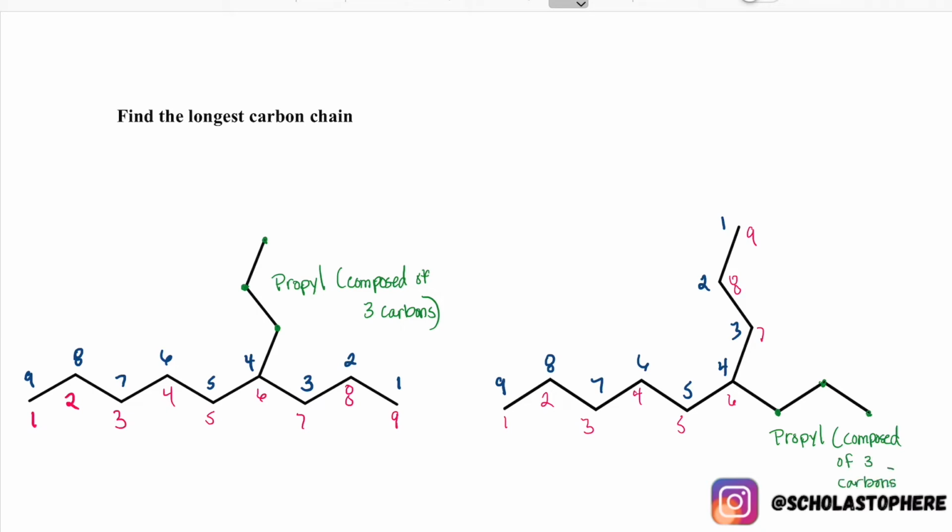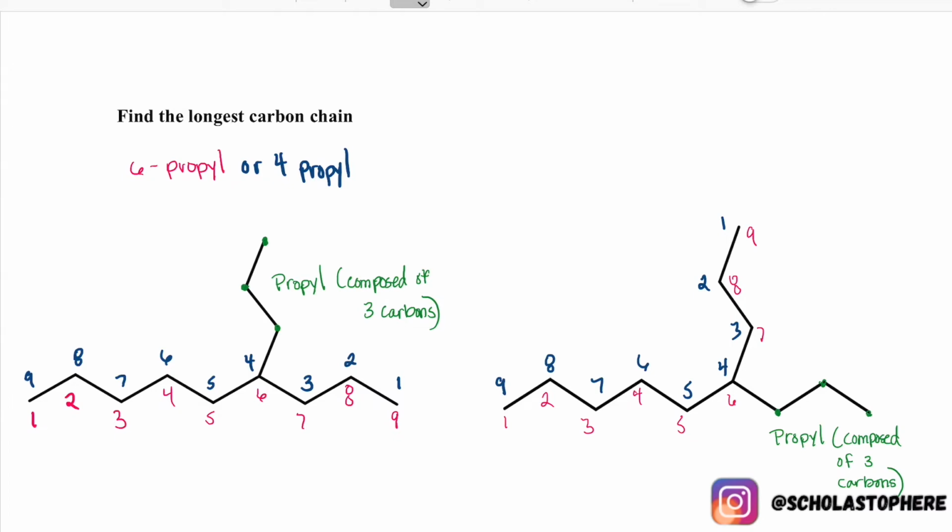We have identified the parent chain. We've also identified the substituent group. So let's take the image on the left side of the screen. Remember, we first numbered the molecule or the parent chain from left to right in red ink and from right to left in blue ink. So when we number from left to right in red ink, the propyl group or the substituent group falls on the number 6.